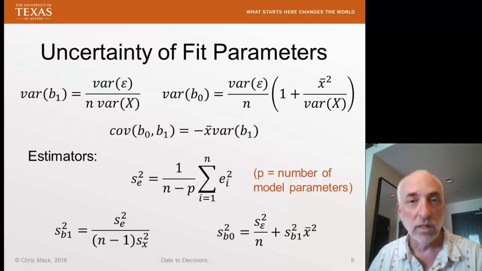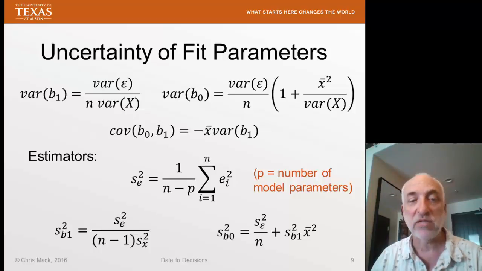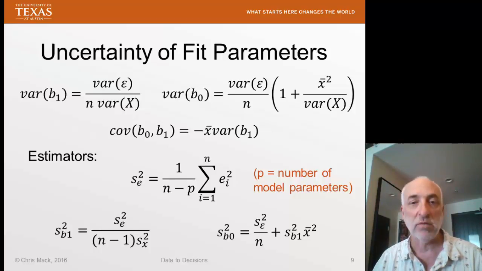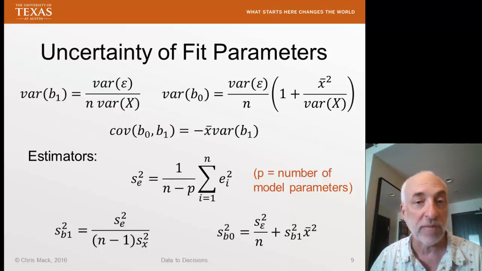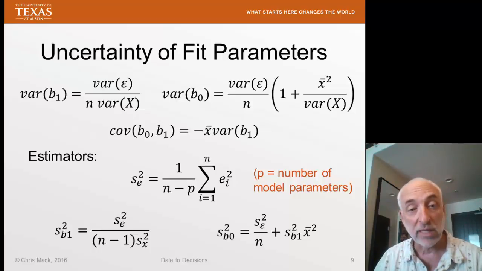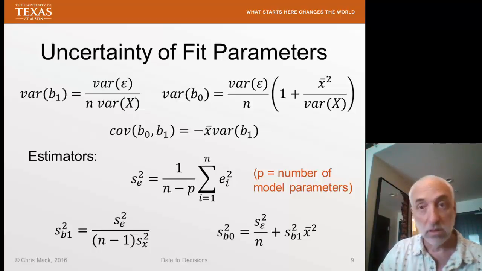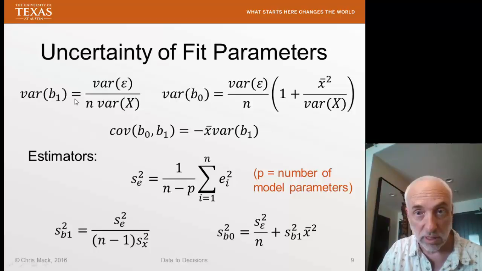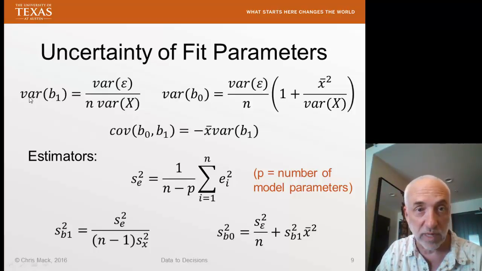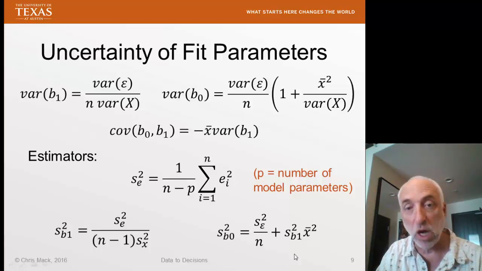All right. Well, for this simple case of a straight line model with only two parameters, a slope and an intercept, I can calculate with these equations the exact values of the variance of beta 1 and variance of B0, but I'll estimate them with the equations below.